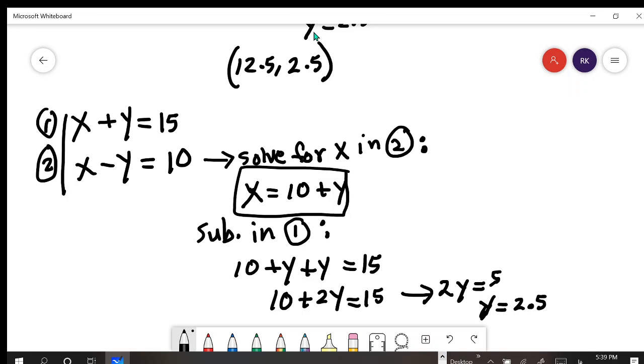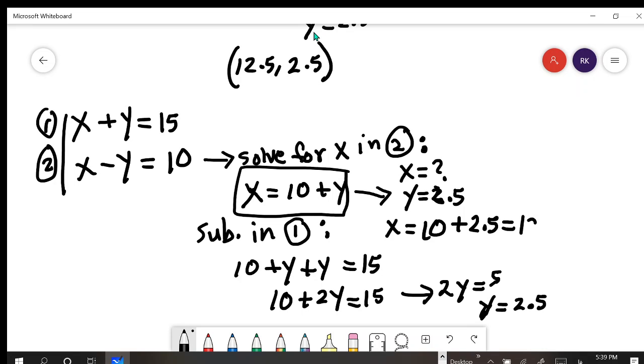Now we have y equals 2.5, and we can get x easily. So what is x when y equals 2.5? Well, x would be 10 plus 2.5, and that's 12.5. So it's the same ordered pair, right?